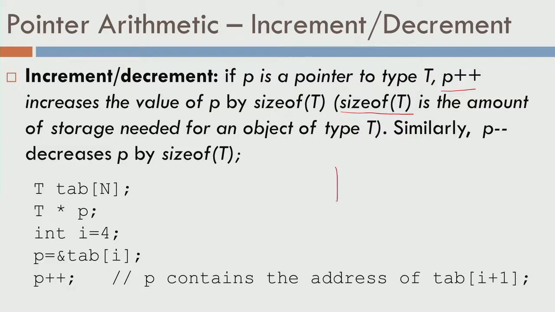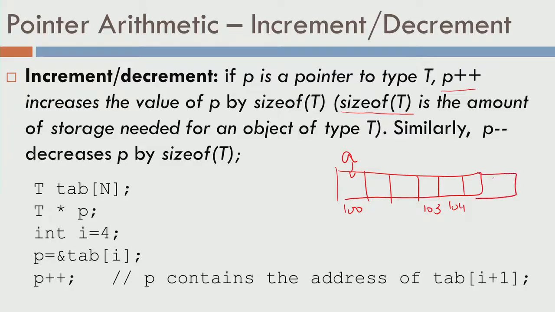So, let us say my integer is actually 4 bytes. I have an integer called A and let us say it is occupying 4 bytes. This is not an array of size 5. I am drawing a memory footprint and let us say variable A is stored in 4 bytes, let us say location 100, 101, 102 and 103, and let us say location 104, 5, 6 and 7 are the next set of locations.